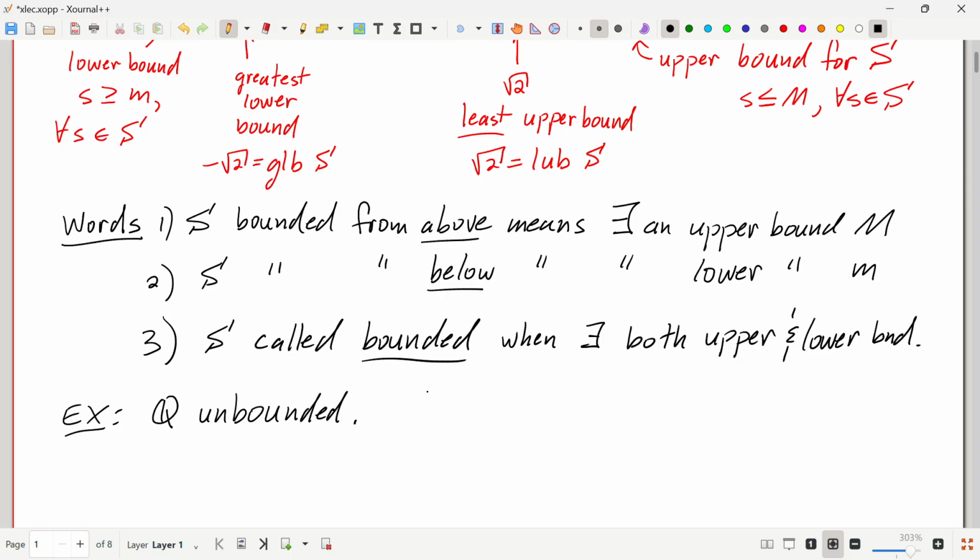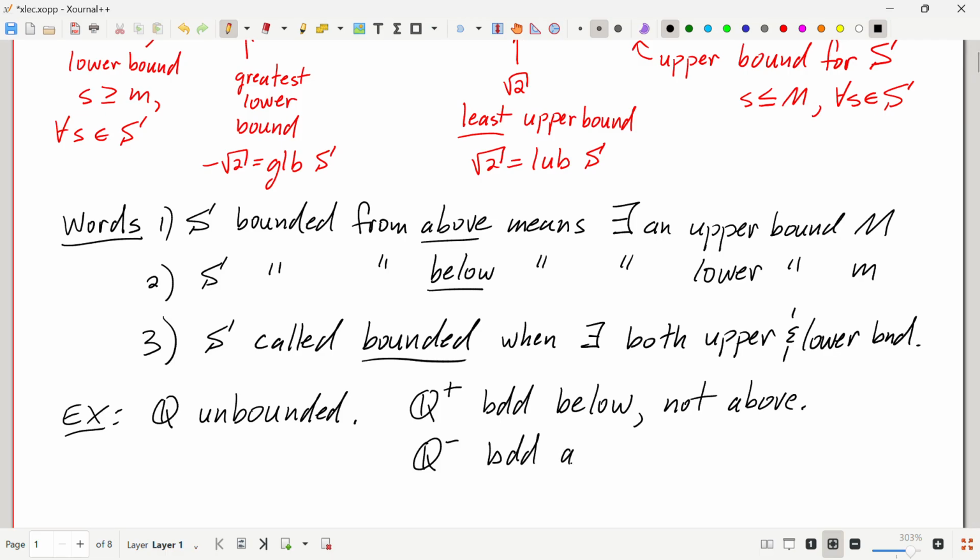Let's say if I take Q plus, namely the positive rational numbers, then of course it's bounded from below, but not from above. So it's bounded below, but not above. And the negative rational numbers is bounded above, but not below.